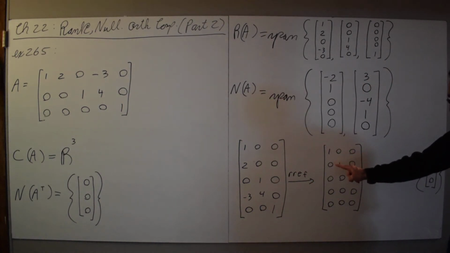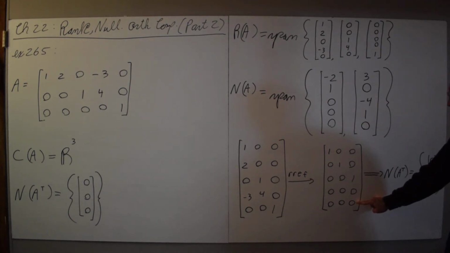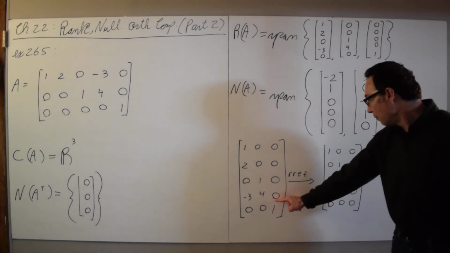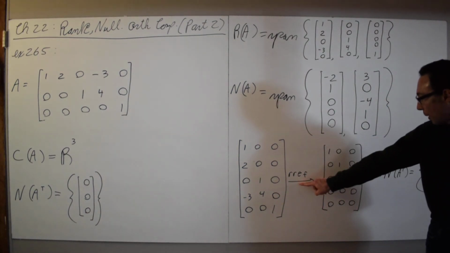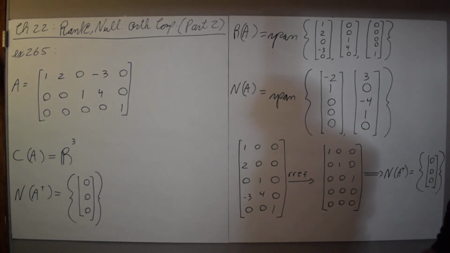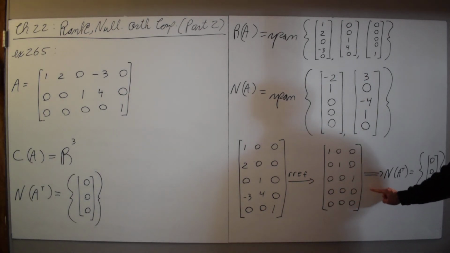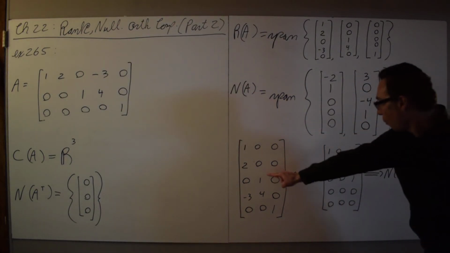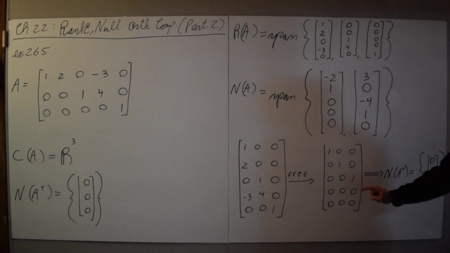If you look at any vector that would be made by these 3, the 4th and 5th components would always have to be 0. That is certainly not the case if you're going to use these 3 vectors and look at their span. So again, row operations can change the column space. So putting this matrix in reduced row echelon form changed the column space. It did not change its dimension. The column space of this matrix and the column space of this matrix, they both have dimension 3, but the spaces themselves are different.